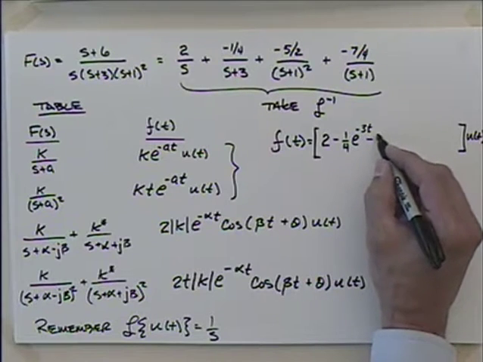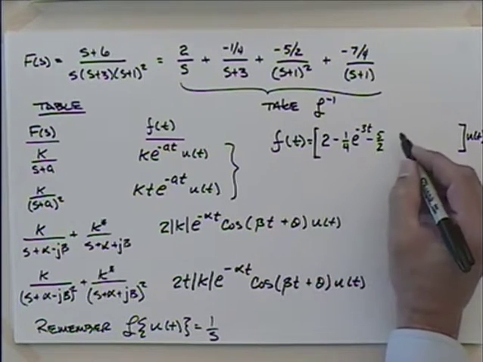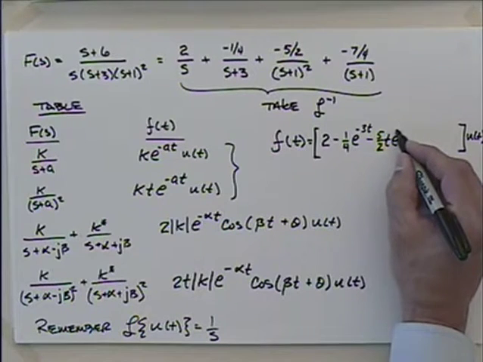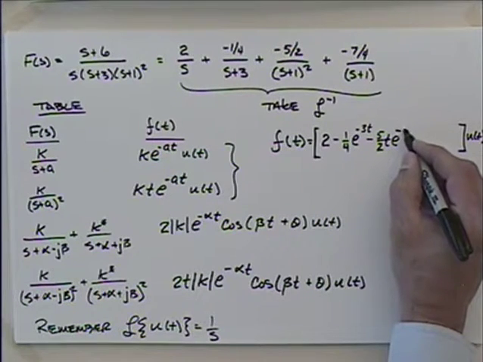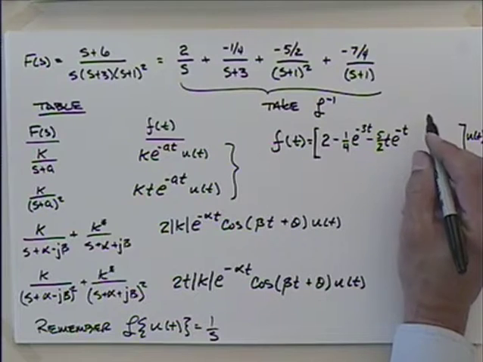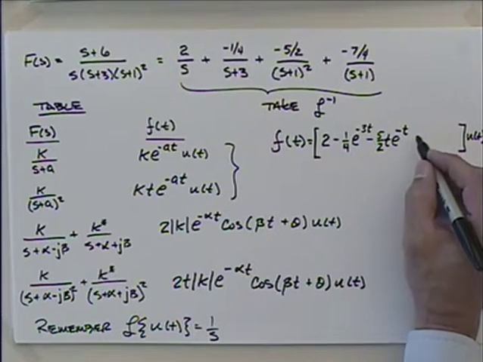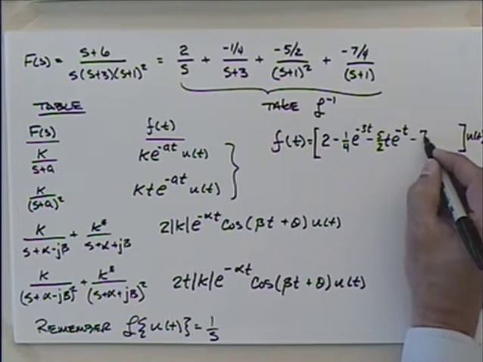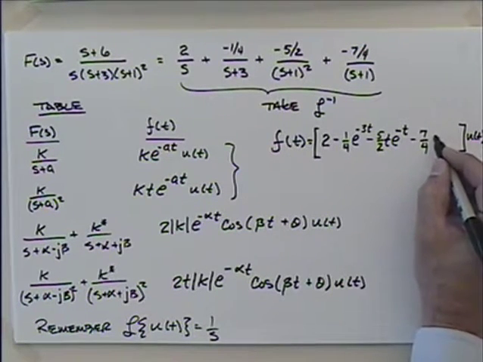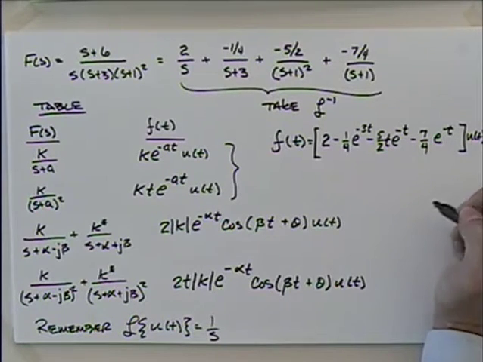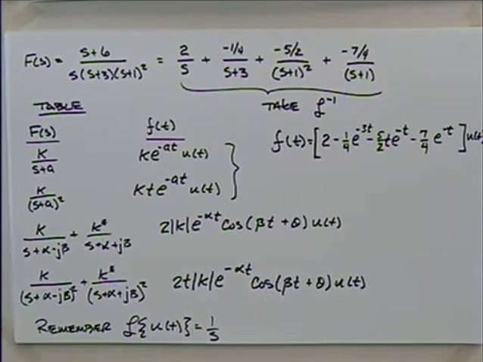Is that right? Yeah, 5/2 t e to the minus 1t. And then what about the last one? Minus 7/4 e to the minus 1t. Okay. So that would be what the answer would be in the time domain.